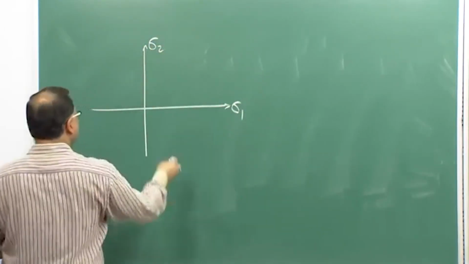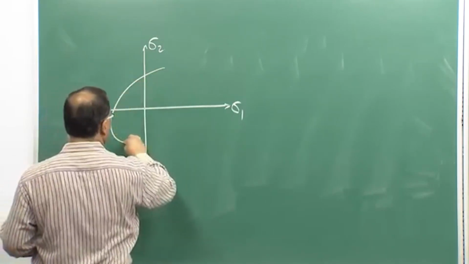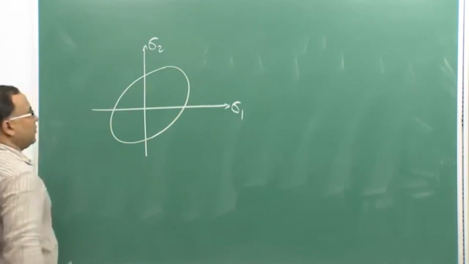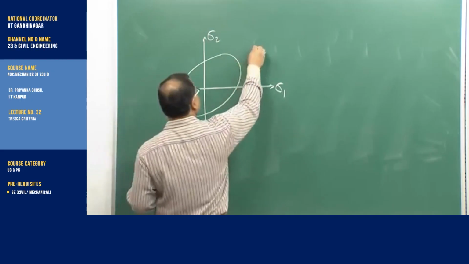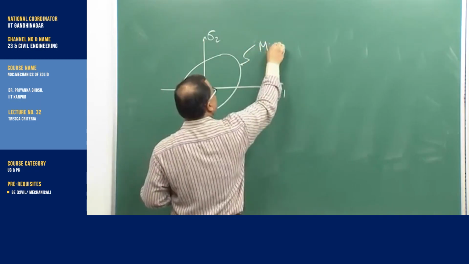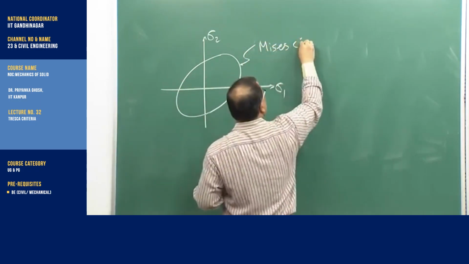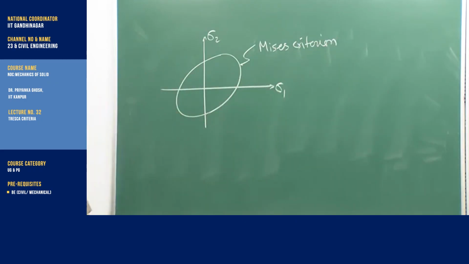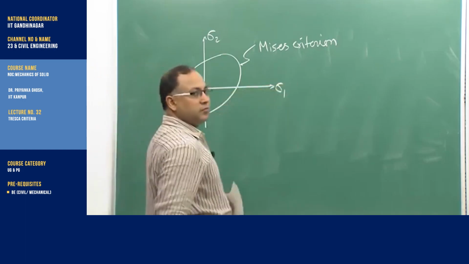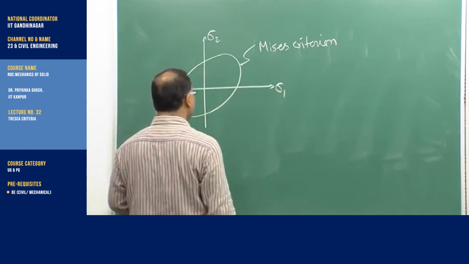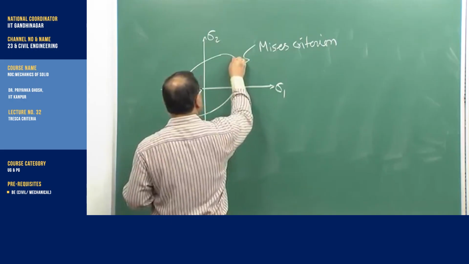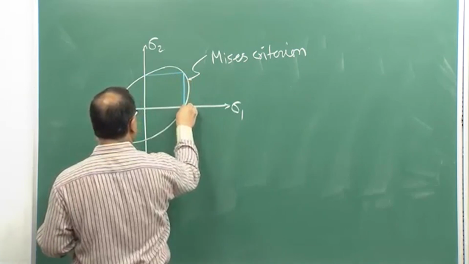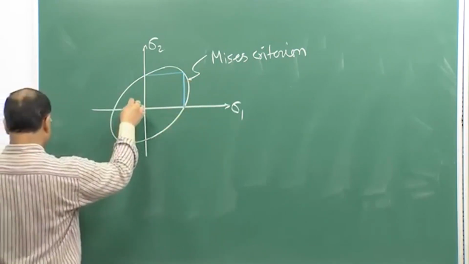Your von Mises criterion was an ellipse, am I right. Whereas, if you see this, this equation will develop this kind of hexagon. Okay.